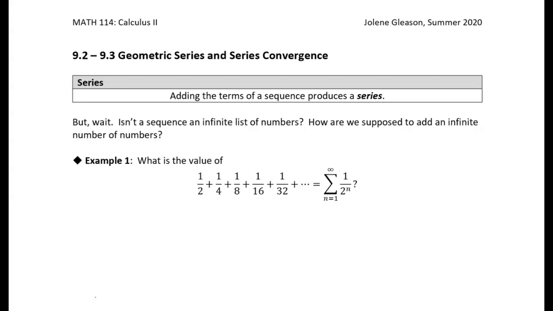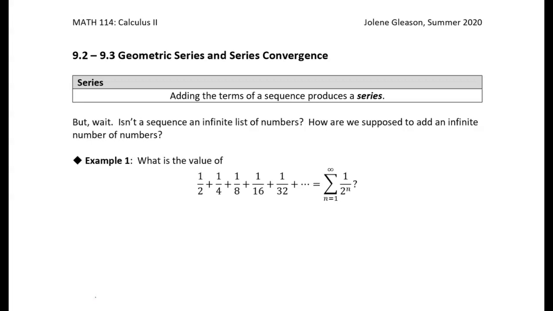Well, let's look at example 1 and think about how you would do this. Obviously you can't add up an infinite number of numbers, but if you were asked to find what this sum is, you'd probably start by taking the first two numbers and adding them together, and then adding on the next number, and the next number, and so on.